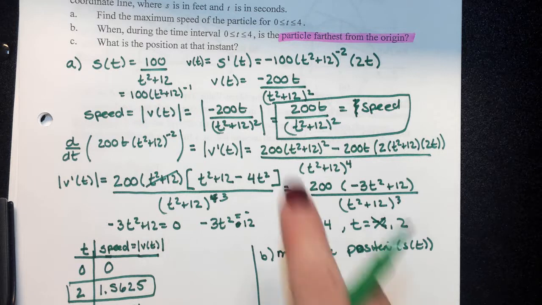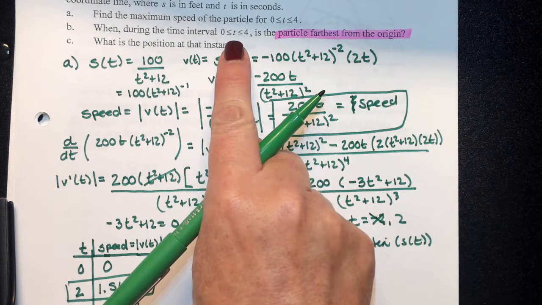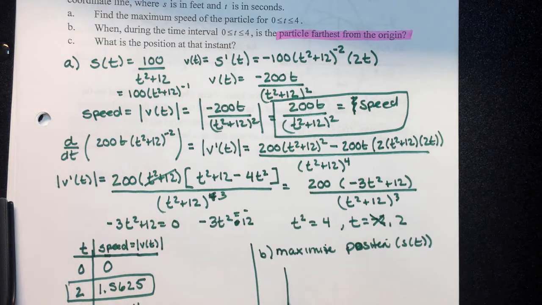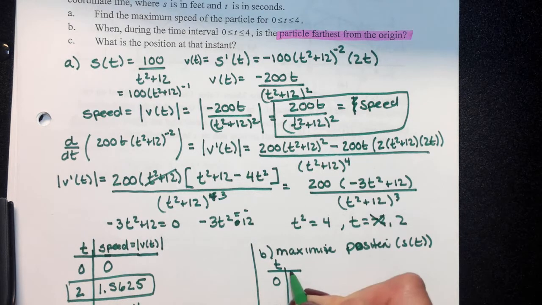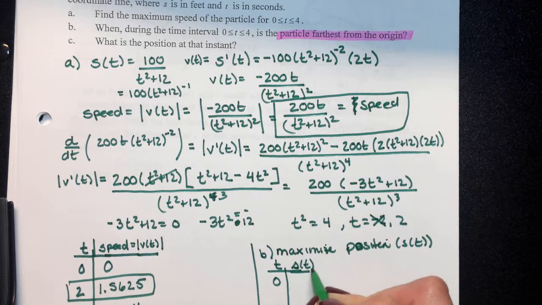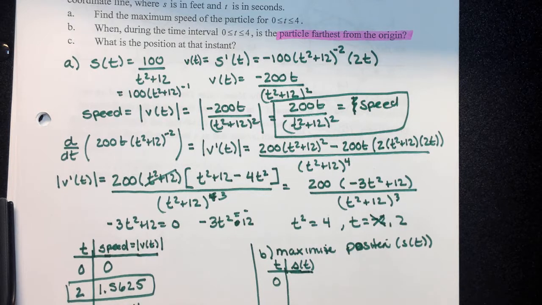So I have a closed interval from 0 to 4. So I know my possible candidates are going to be 0 and 4. And again, I'm trying to maximize position, so I'm going to have to take those values and plug them back into the position function.